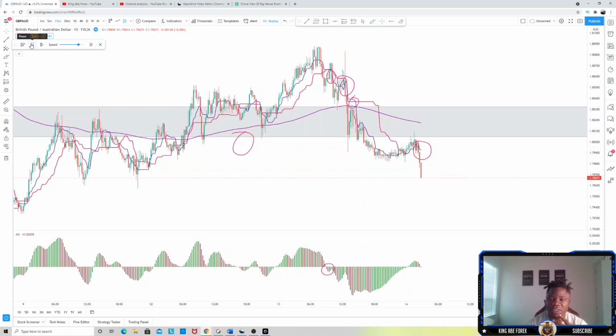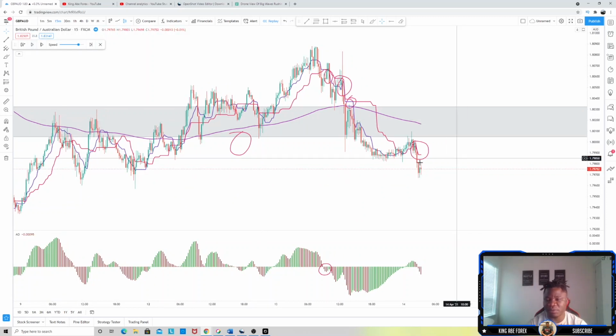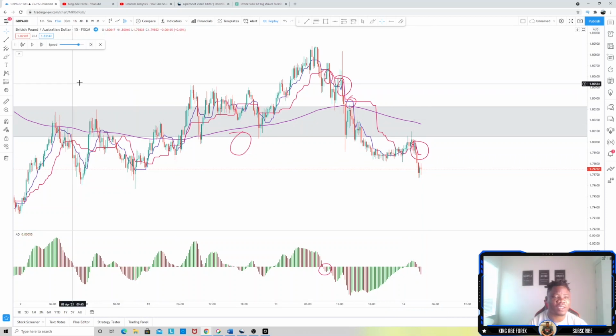We got the retest right there, and then you could have entered right over here. Now if you were trading this live, you would have done this already. I'm just showing you guys how you can use this strategy correctly.